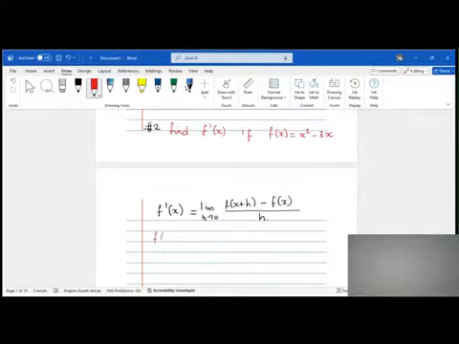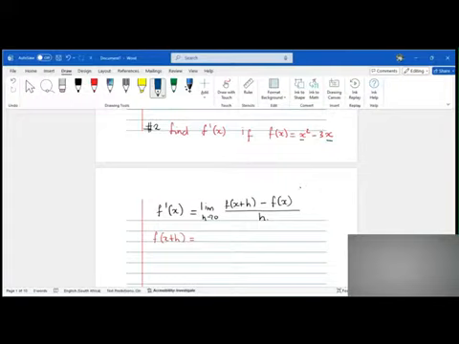So our f of x plus h implies that we just need to substitute our x there with the new input value, which is x plus h.